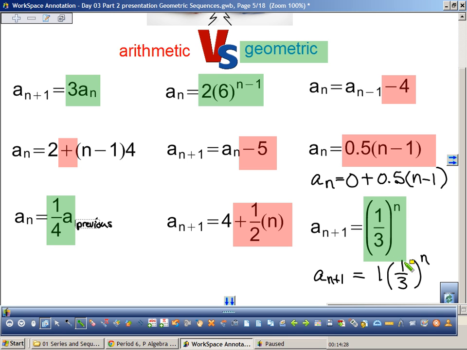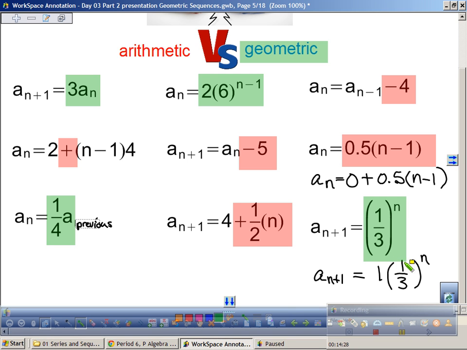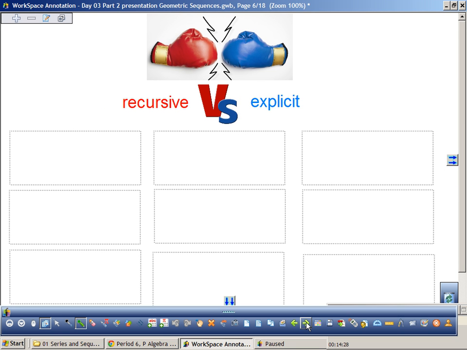Okay, so you guys tell me with your paddles, be honest, is this helpful? Yes or no? Okay, and I'm getting some of you, I like that. The whole going back and forth, that means maybe, iffy. Good. All right, let's try it with the recursive and explicit. Remember, if you need to, use these up here if you want to decipher between them.